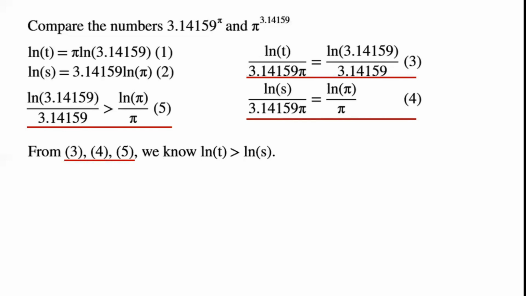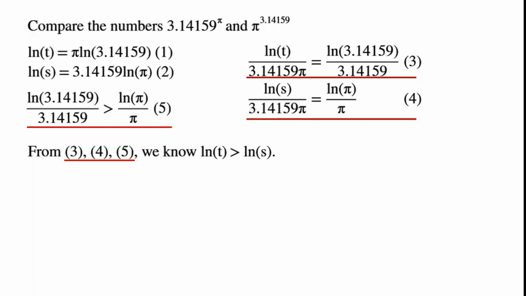From equations 3 and 4, inequality 5, we know that ln t is greater than ln s, as inequality 5 holds true. So the right-hand side of equation 3 is greater than the right-hand side of equation 4.